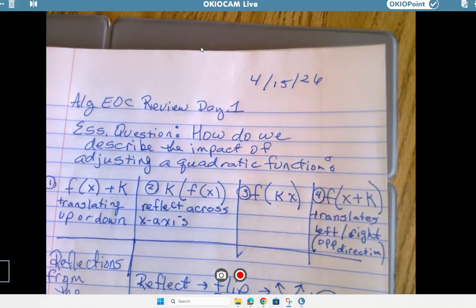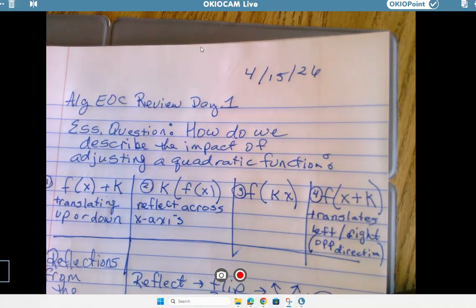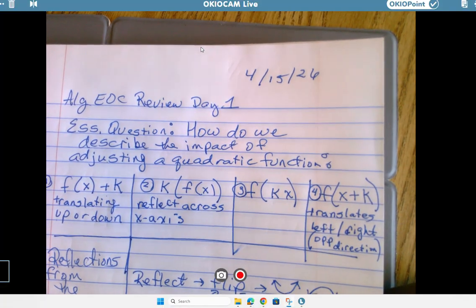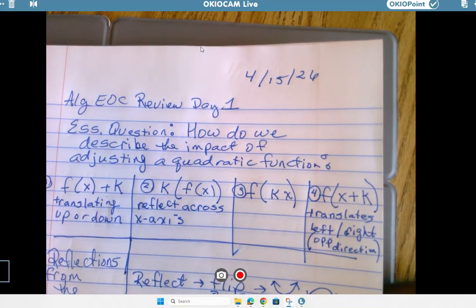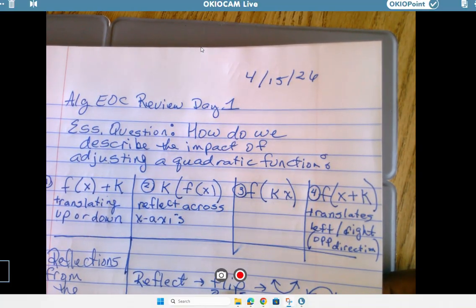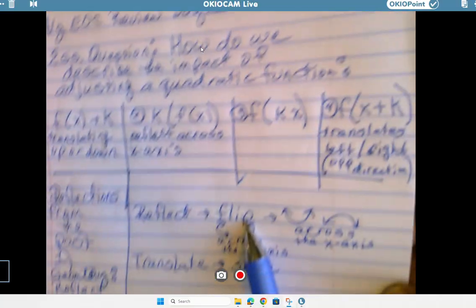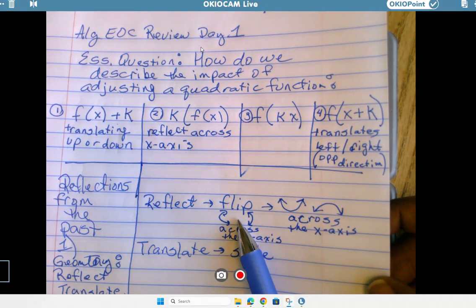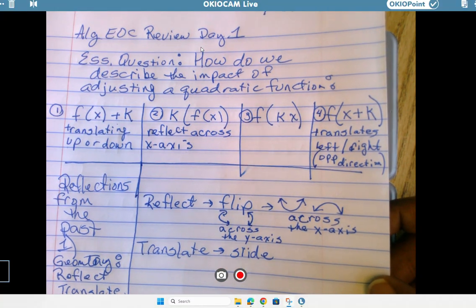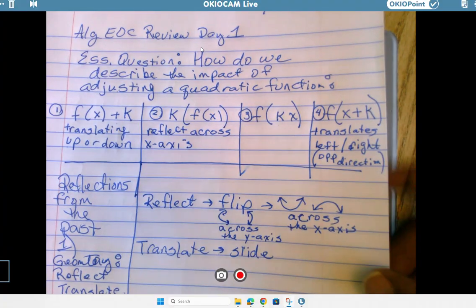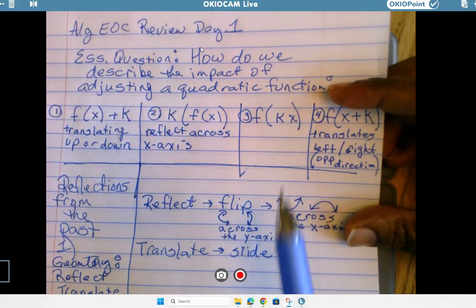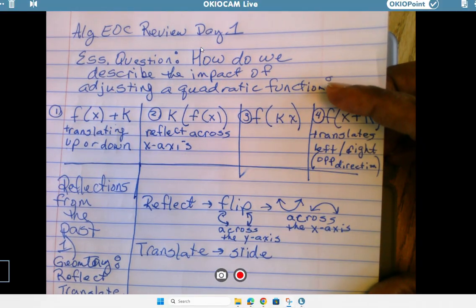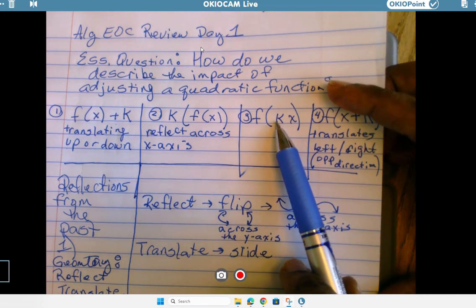Now, here's what happens with number 3. I did not talk about rotating. I'm not going to talk about rotating right now. I need to figure out what is number 3.